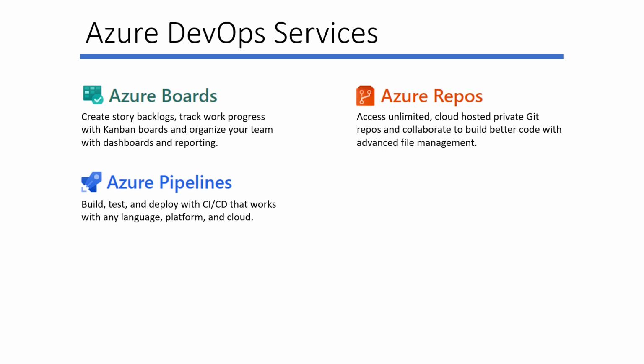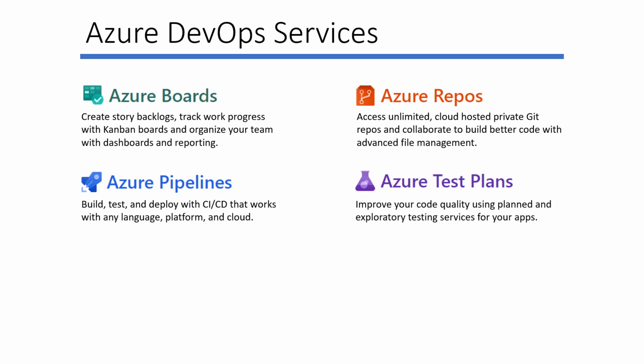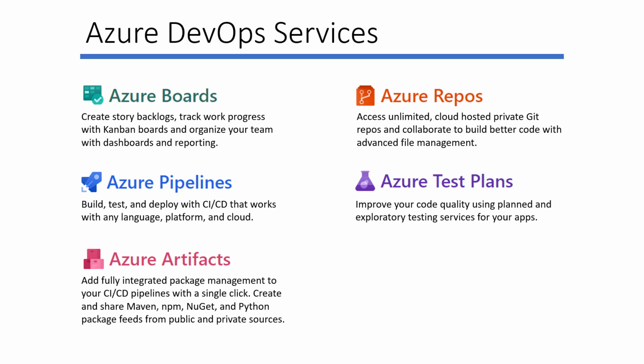With Azure Pipelines, we can build, test, and deploy with CI/CD that works with any language, platform, and cloud. With Azure Test Plans, we can test and ship with confidence using manual and exploratory testing tools. And with Azure Artifacts, we can create, host, and add artifacts to our CI/CD pipelines with a single click.